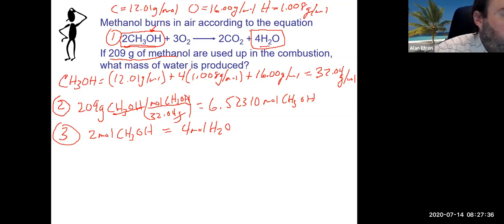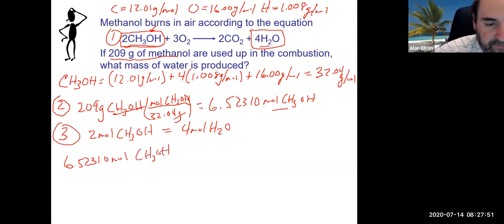Again, we're going to use that as a conversion factor. So we want to get rid of moles of the CH3OH. So we take our 6.52310 moles of methanol. We're going to use that relationship so that the moles of methanol cancel, which means 2 moles of methanol, 4 moles of H2O.